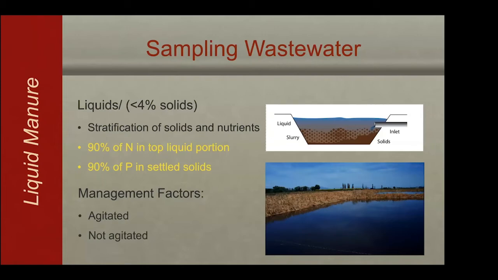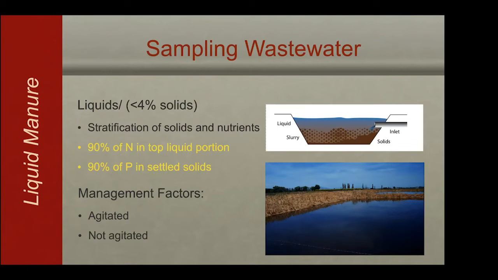Liquid manure, our wastewater or our lagoon water, has its own little unique oddities. The lagoons are less than 4% solids. As that water and those solids sit in that lagoon, those solids start to separate. So we have mostly clear water on the top, and we have more and more solids as you get to the bottom.